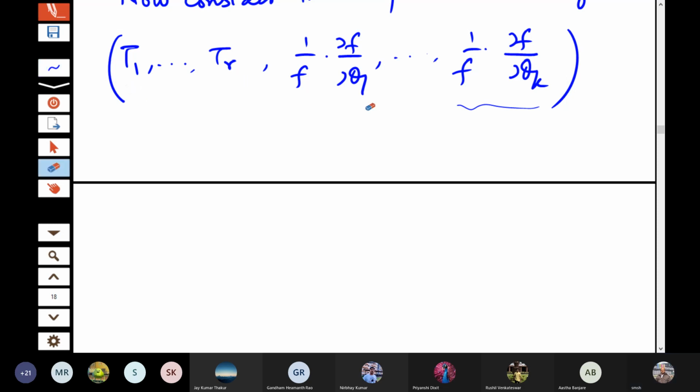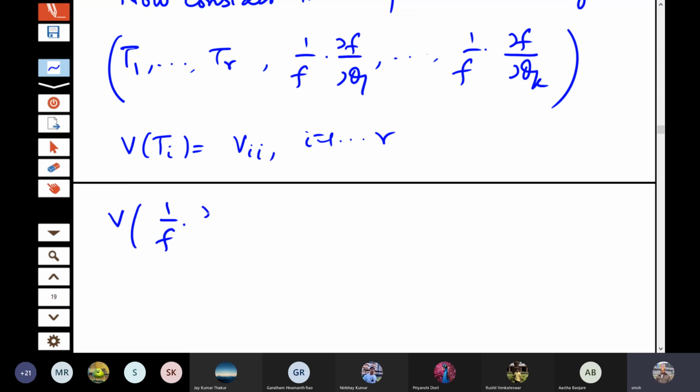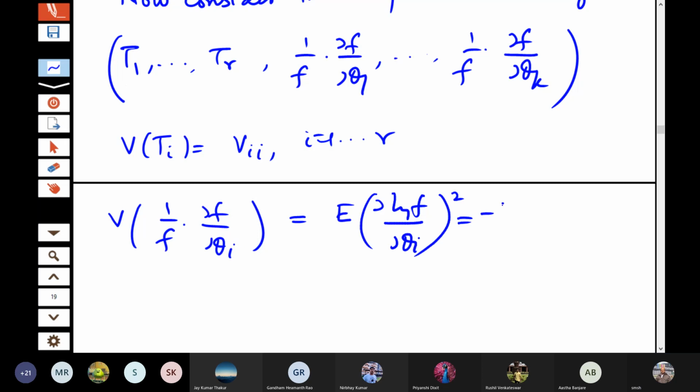Okay. Then you will have the covariance between different terms. So let me write here what kind of terms you will have. The variance of Ti we have already written, it is V_ii, that we have given the definition. What is the variance of these terms, 1 by f del f by del theta_j? That is nothing but the expectation of del log f by del theta_j squared. Earlier I have given a proof of this for one dimension.